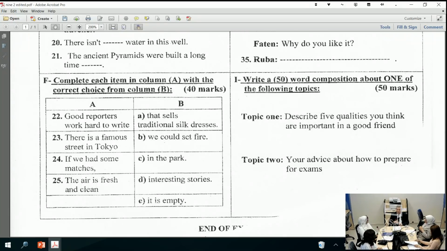Then we come to grammar. The student needs to write simple sentences, especially in grade 9, not too complicated, or else he would lose some marks. So simple sentences are advisable, and he should check the grammar mistakes, because he will lose marks for them. Then we have spelling and punctuation.